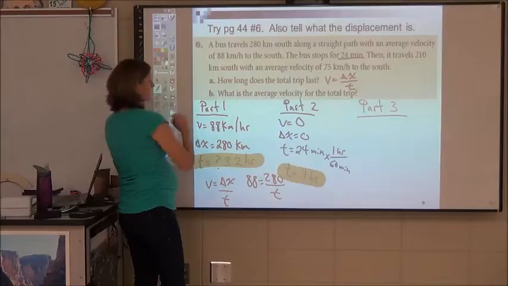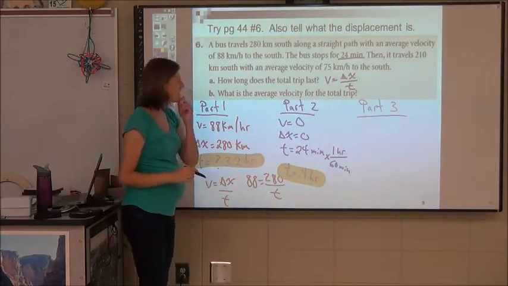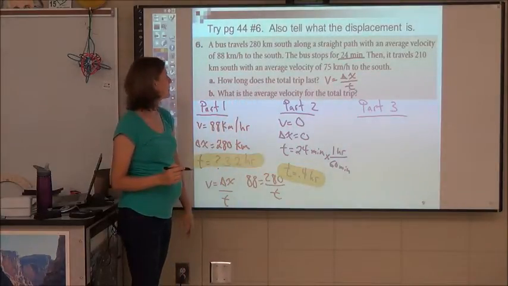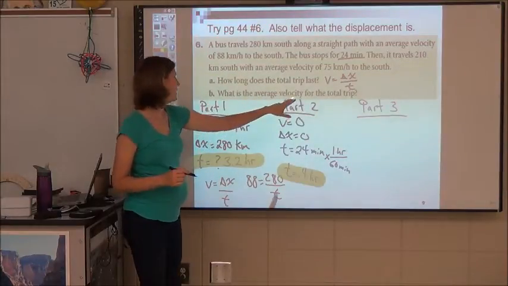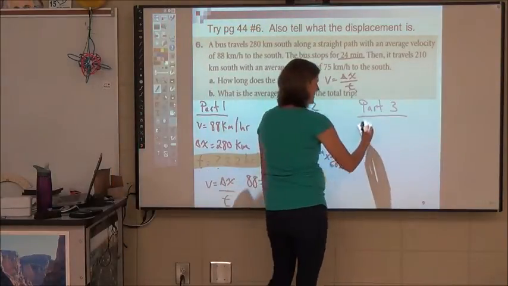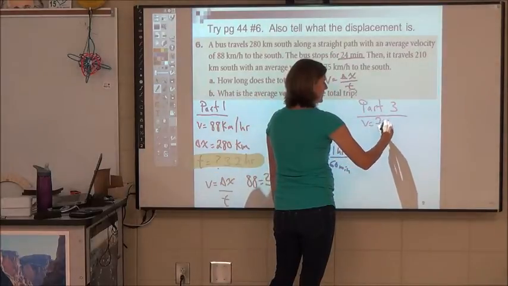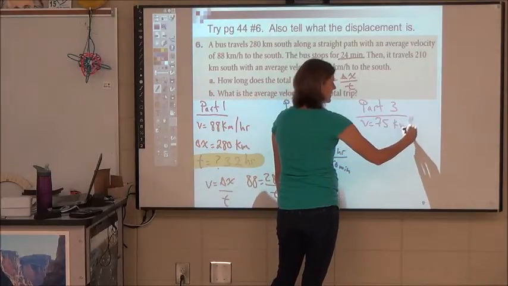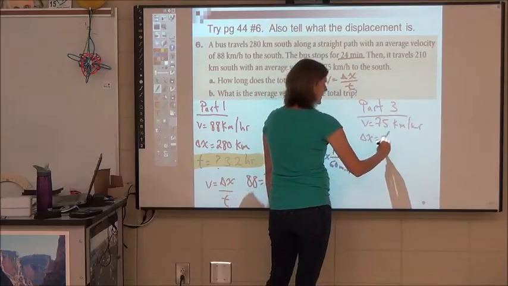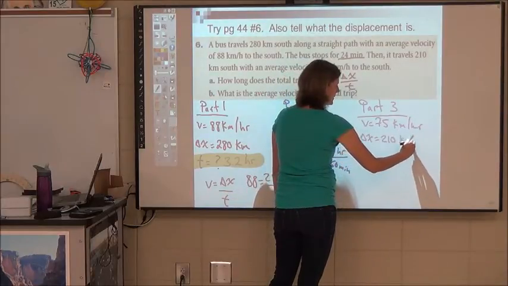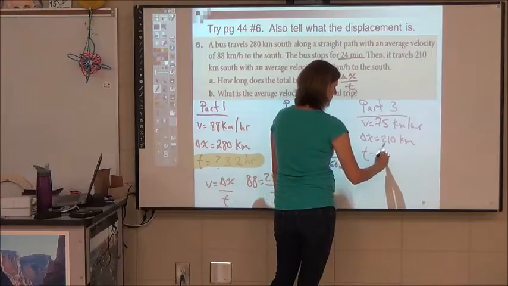And now lastly, part 3, my given stuff. Bus travels 210 kilometers south, so that's the displacement. Velocity was 75 kilometers per hour. Displacement was 210 kilometers. Time, question mark.